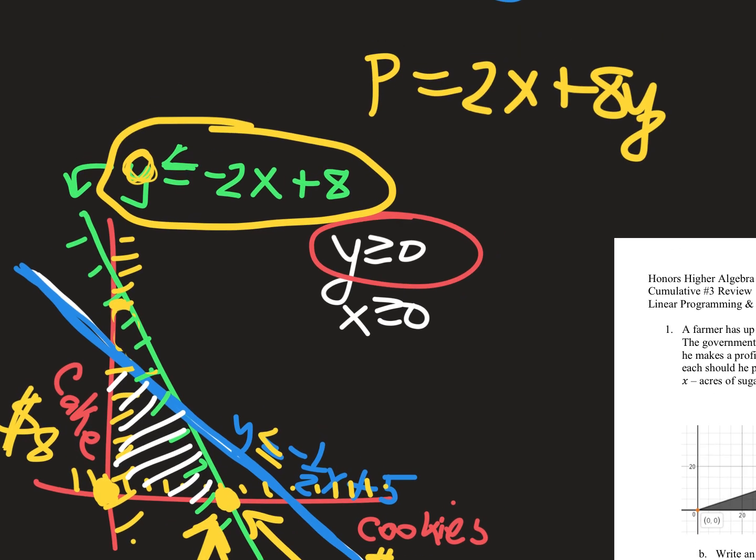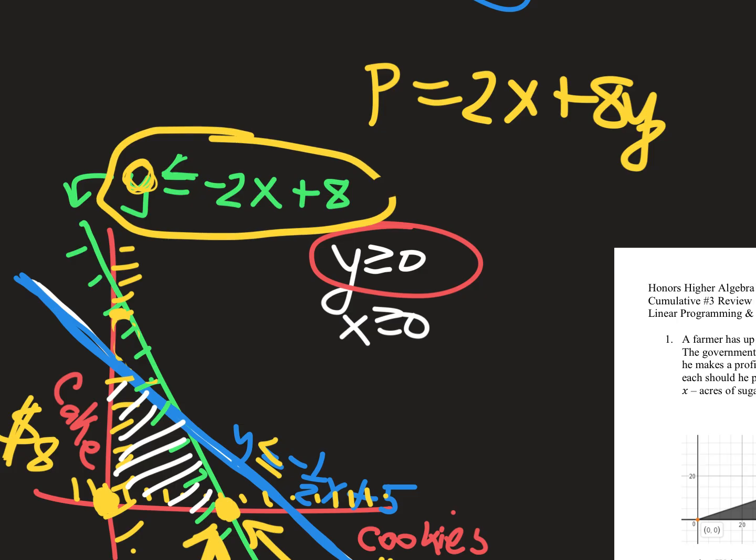Just to clarify, we're solving this right here. We're going to go 0 equals negative 2x plus 8. And I get why you might be like, wasn't it less than? And it was. But this would be a smart time to take out your calculator. If you haven't already, why don't you take out your graphing calculator? If you want to borrow one from me, there's a bunch sitting on my desk.